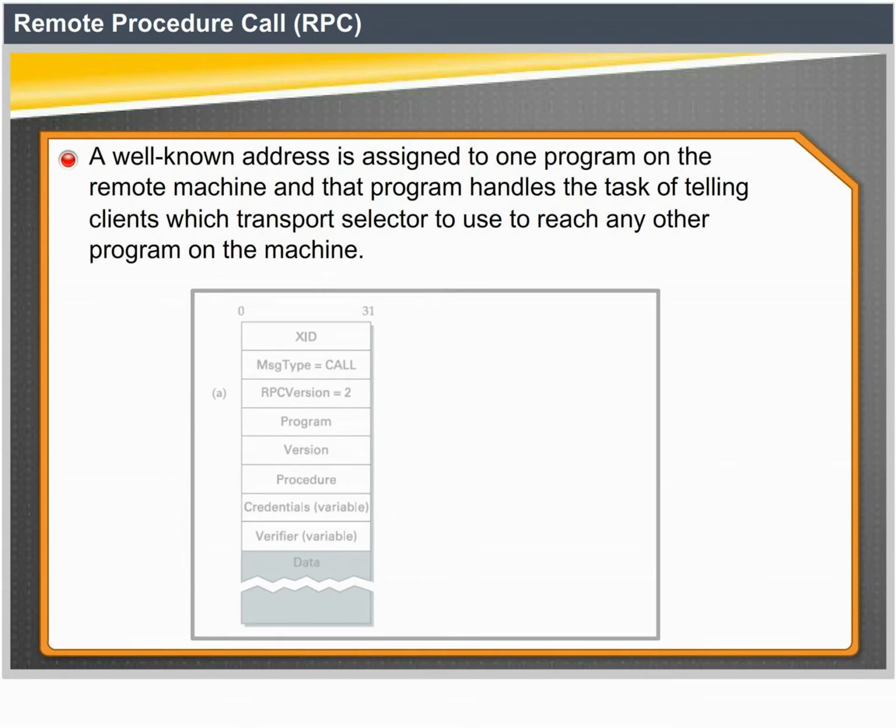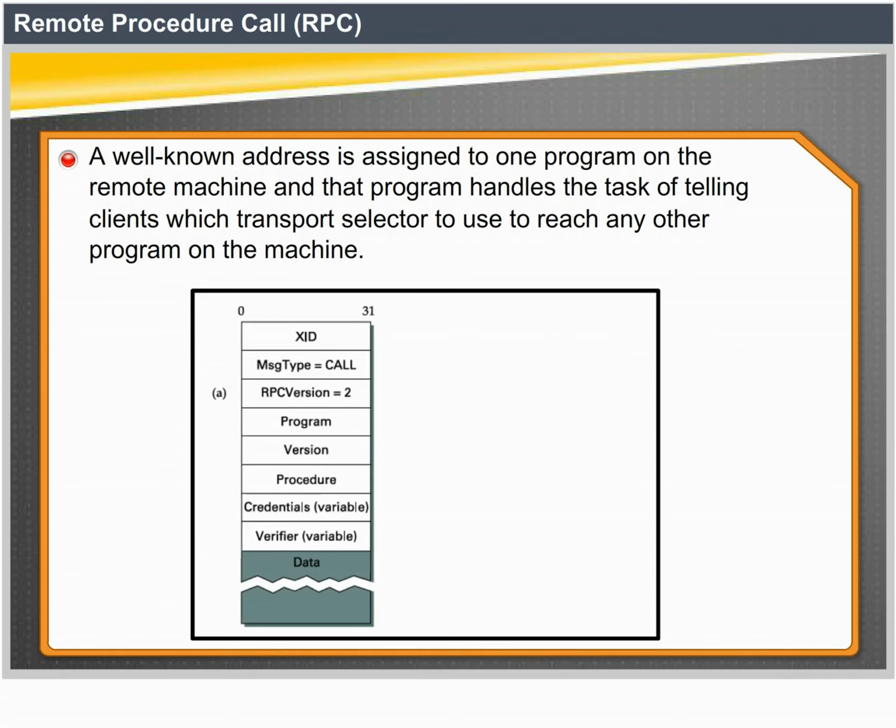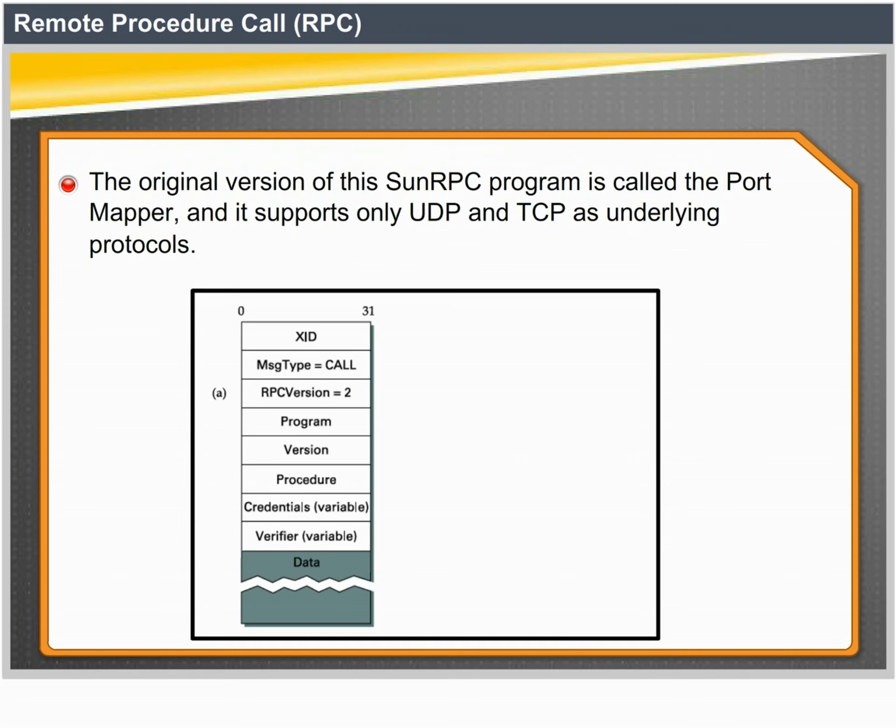A well-known address is assigned to one program on the remote machine, and that program handles the task of telling clients which transport selector to use to reach any other program on the machine. The original version of this Sun RPC program is called the port mapper, and it supports only UDP and TCP as underlying protocols.